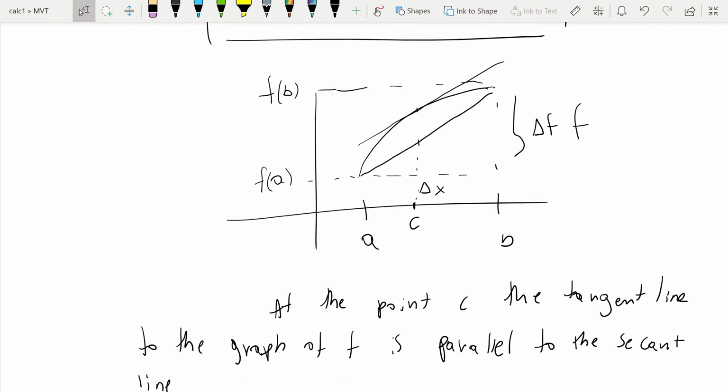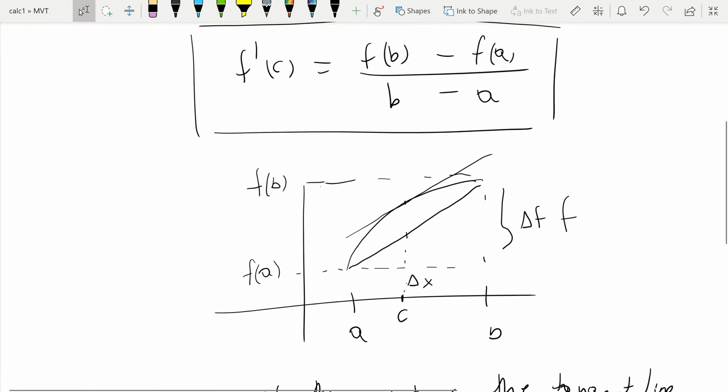Again, just like in Rolle's theorem, this theorem doesn't tell you that there's only one. It just tells you that there's at least one such point.